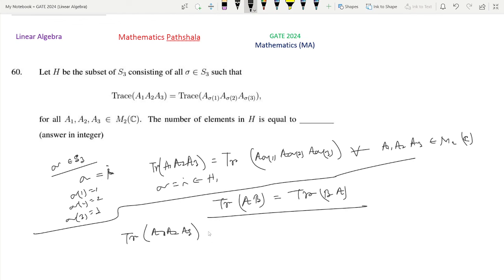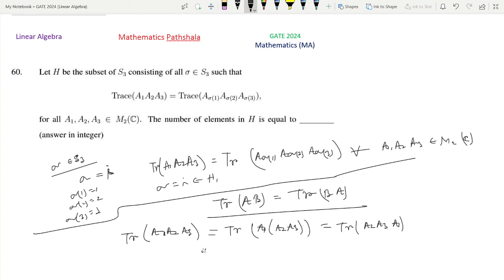If we consider A1 equal to A and A2, A3 equal to B, then we get trace BA, that is trace A2, A3, A1. This holds for all A1, A2, A3 belonging to M2(C).